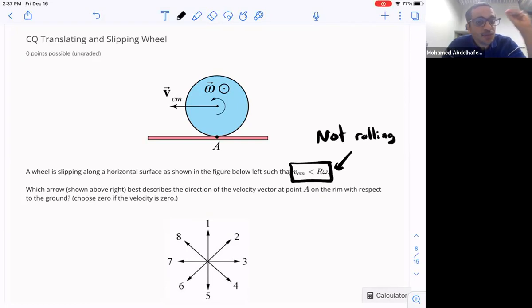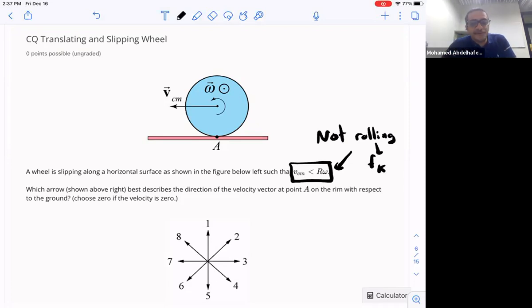Okay, so that means what? It means immediately there will be kinetic friction, not static, kinetic friction. Why? Because the contact point is not going to be at rest. Now the question can ask you, is this friction static or kinetic? You would say kinetic, because it's not rolling without slipping, so the contact point is moving.